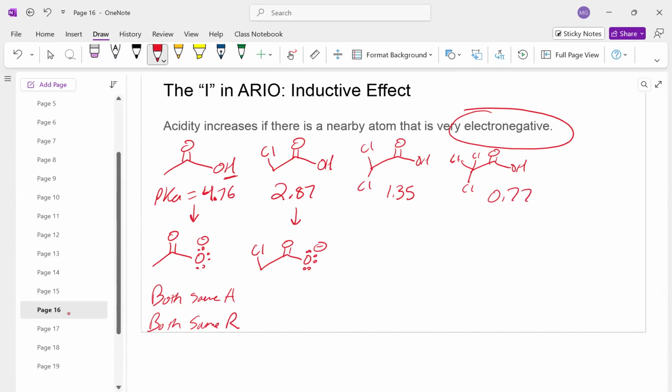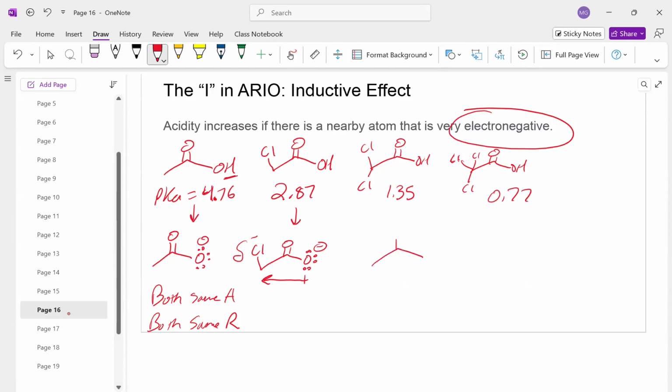Now, chlorine is a very electronegative element. As soon as it sees that negative charge, it's going to start pulling those electrons towards the chlorine, and you get this partial negative side over here. So not only is the negative on the oxygen, it's also partially negative on the chlorine. You're spreading out that charge. Notice I'm not using curved arrows because it's not resonance. But having that chlorine there spreads that negative charge out.